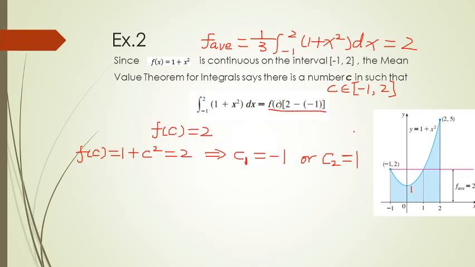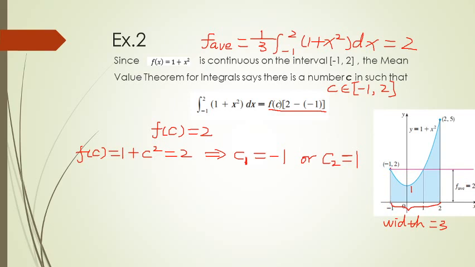Whether you choose -1 or 1, f(c) equals 2, right? So that is 2 times 3. What is the 3? 3 is the width, 2 minus -1. The height is f average, which is f(c), the function value at either -1 or 1, so that is 2.